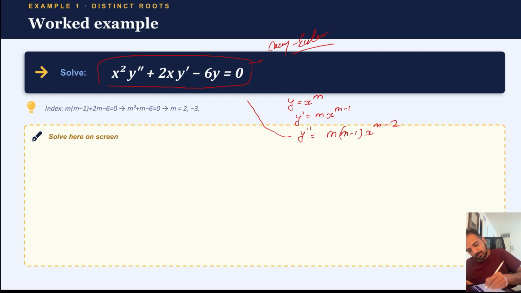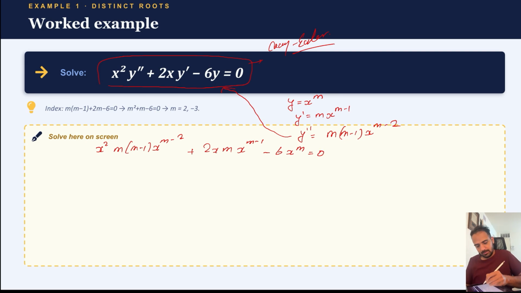Putting everything back into the given ODE, and since x^m can't be 0, we'll end up with something like, okay, let me write everything here. I will have x^2 m(m-1) x^(m-2) plus 2x m x^(m-1) minus 6 x^m equals 0.